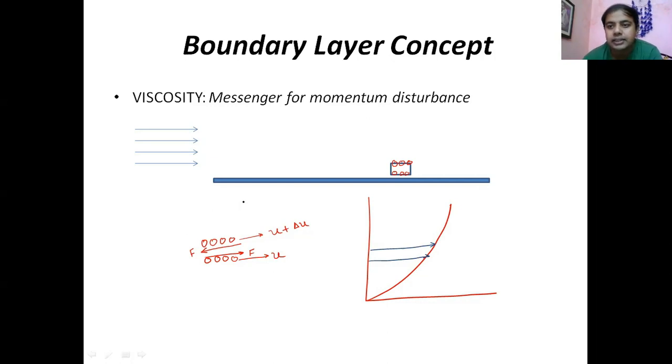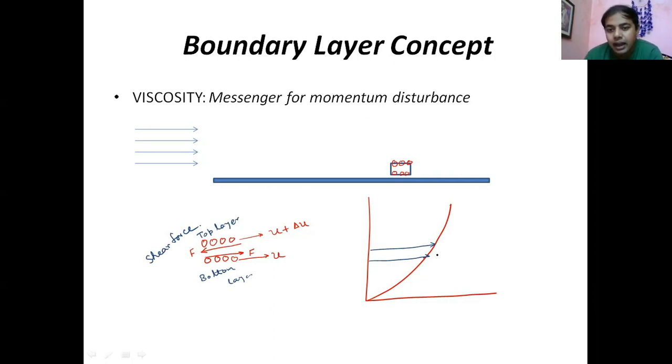This opposite force is nothing but the shear force. So shear force is coming into the picture in this way. The top layer is trying to drag the bottom layer. And the bottom layer, because of its more inertia, is not allowing the top layer to go further. So that is adjusting in this way.